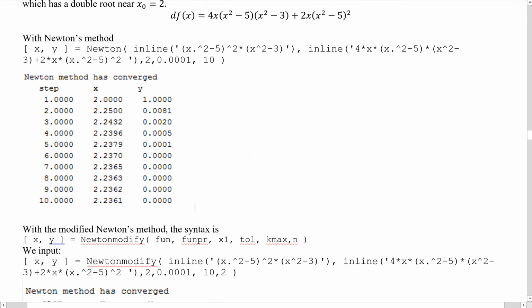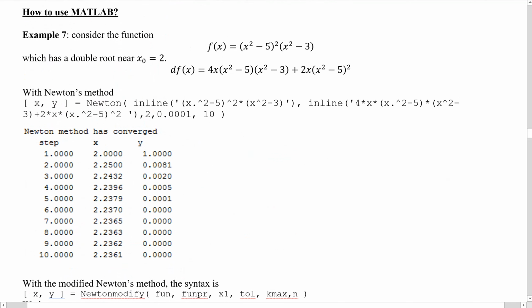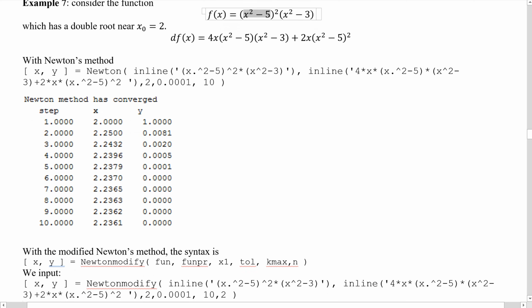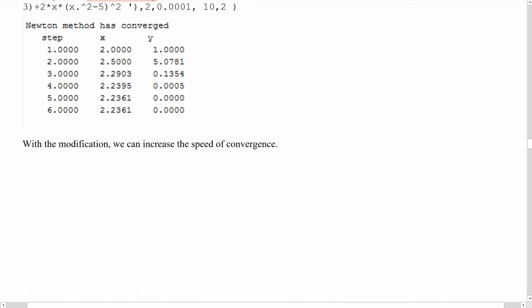If we know the multiplicity of the roots, we can use the modified Newton's method, and it can still converge rapidly. In this problem, near 2, the root is actually square root of 5, which is close to 2.2361.